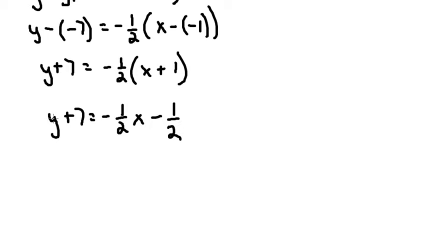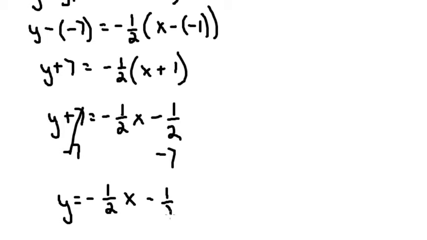Then we want to finish solving for y. We have a plus 7 here, so we subtract 7 on both sides. The plus 7 and the -7 cancel out. It gives us y is equal to -1/2 x, and then we have -1/2 minus 7.